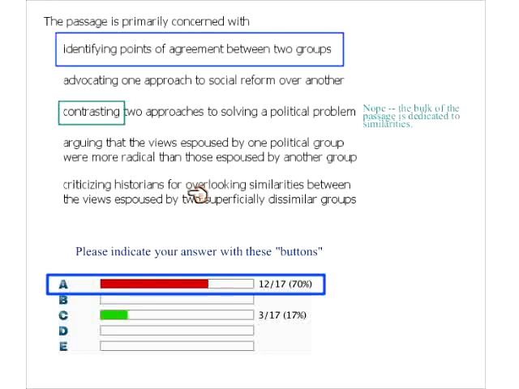Okay. A political. Yeah, actually, that's a good point that Gaurav is making also. This is also a problem because there's not really a problem to solve in this passage.